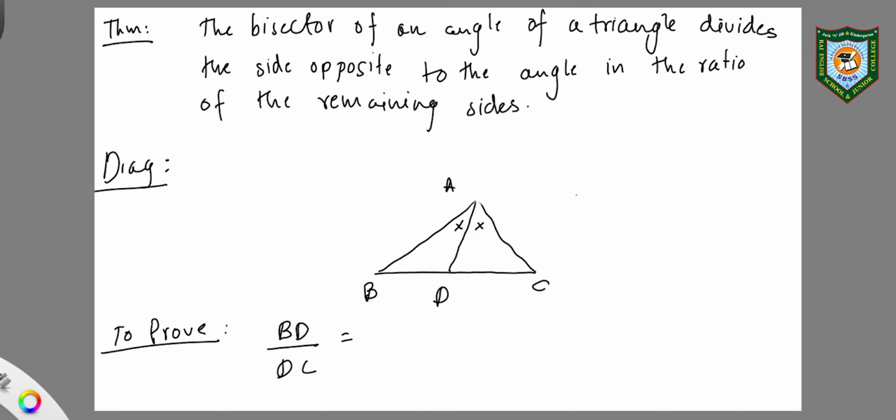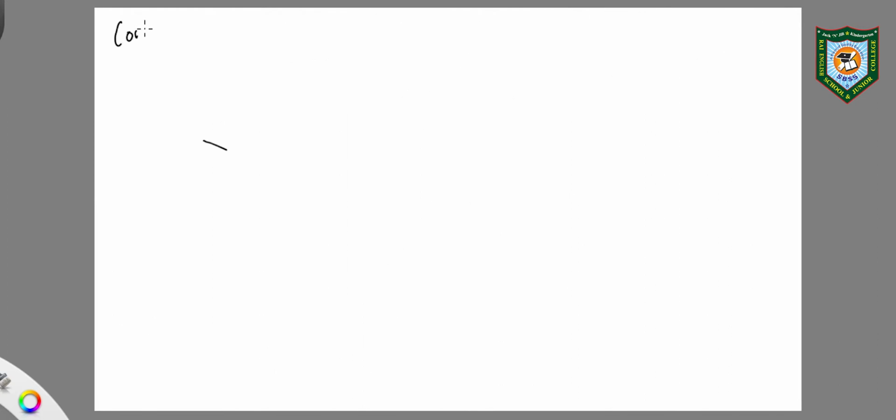Now remember, BC is the side opposite to angle A, so the remaining sides are AB and AC. So the ratio is going to be AB divided by AC. Now, how to prove this? We have to make some constructions before we start, because as we have learned only BPT and ratio of areas of triangles, we can only use those two concepts in order to prove this theorem.